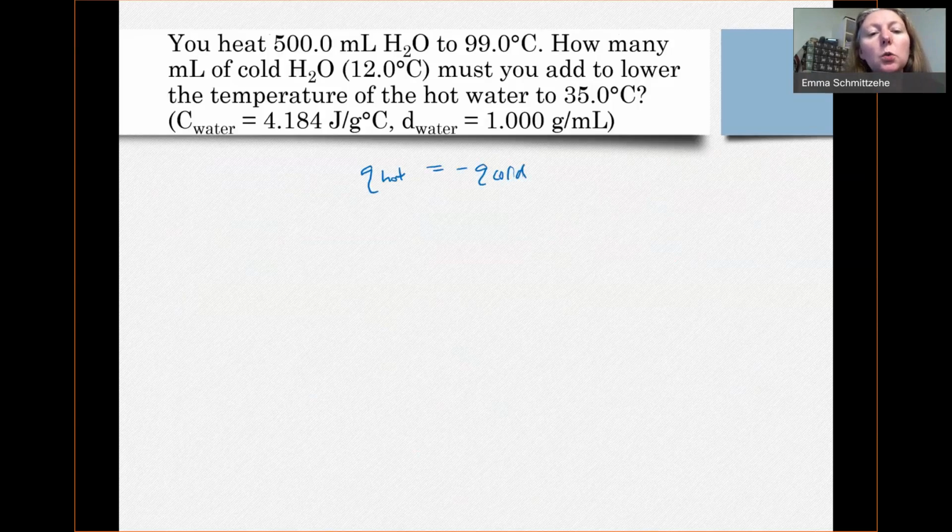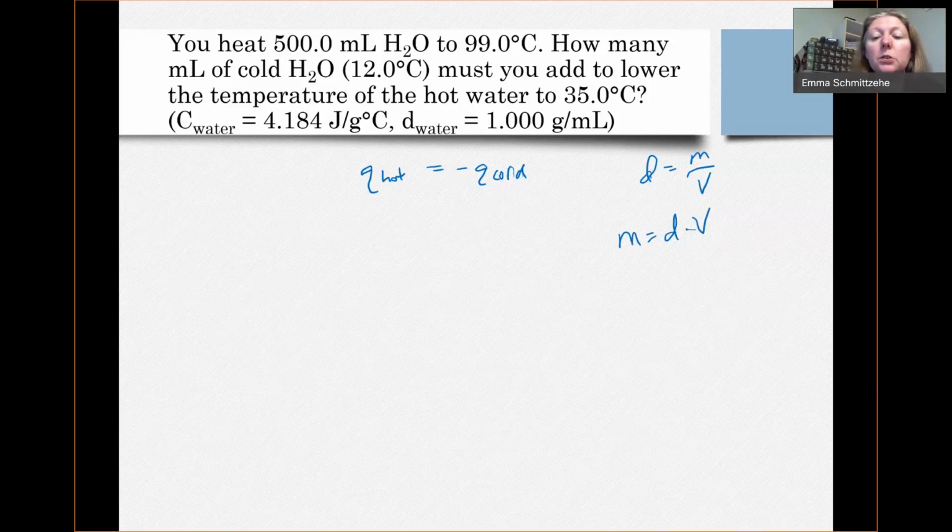And so these Qs are calculated by taking mass times heat capacity times change in temperature. But we weren't given mass. We were given volumes and asked for a volume. But you have to remember density equals mass over volume, and so mass is equal to density times volume.